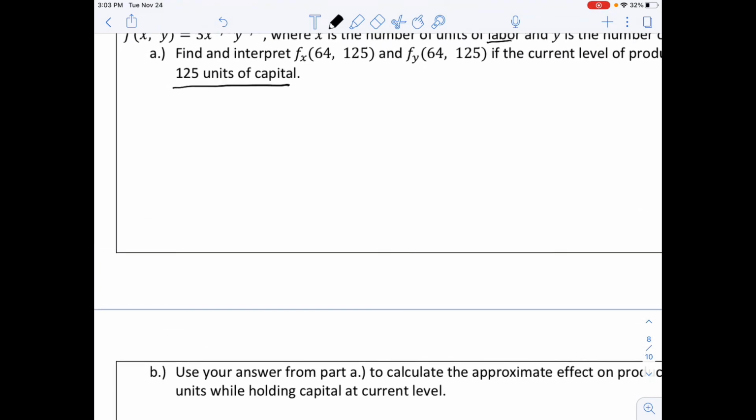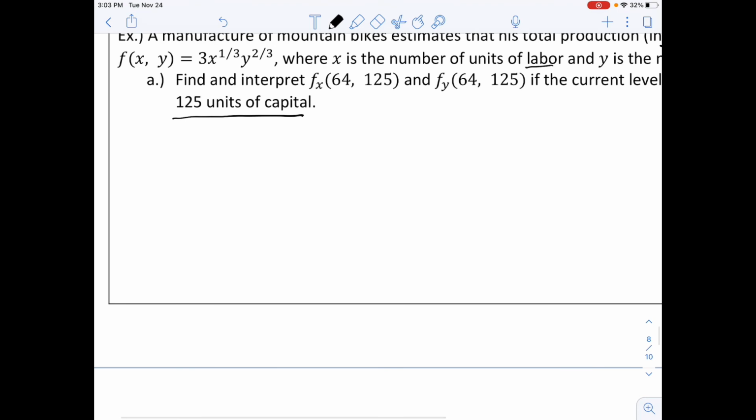So we'll go ahead and do that. And taking our partial with respect to x, we are going to have 3 times 1/3 x to the negative 2/3, and then our y is just a constant. We can clean this up a little bit and write this as x to the negative 2/3, y to the 2/3.